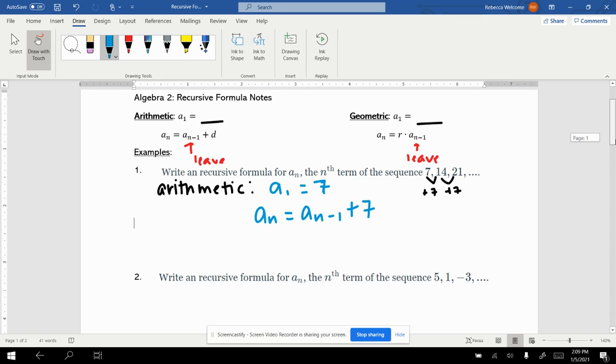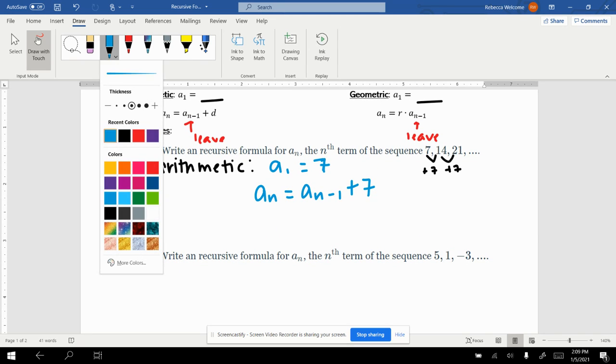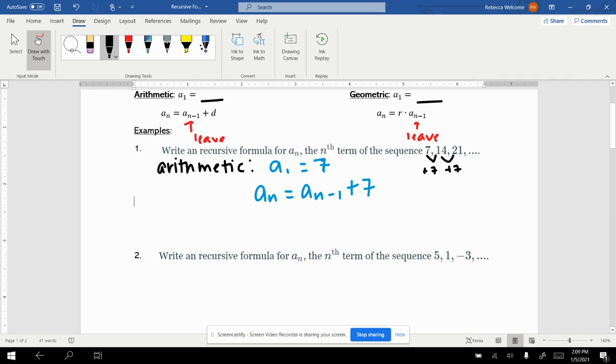Okay. And then example 2 here. So from 5 to 1 and 1 to negative 3, I am subtracting 4. So my common difference is negative 4. Again, I have an arithmetic since I'm subtracting.